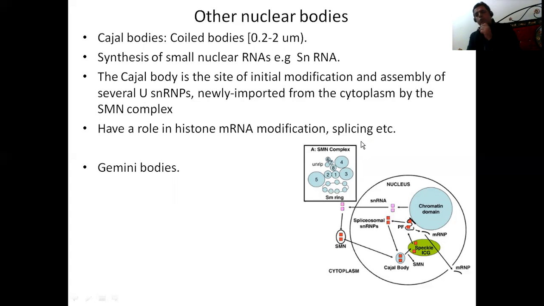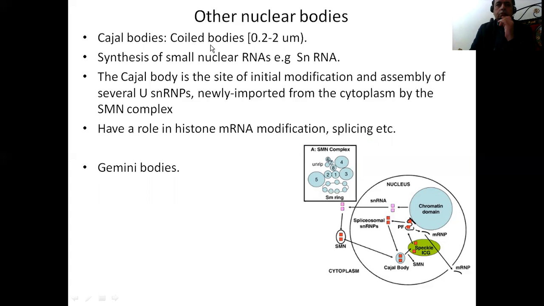The spliceosome is involved in cutting out introns from exons when transcription is taking place. So at that particular time, these spliceosomes are doing the job. The Cajal bodies have a role in spliceosome formation.